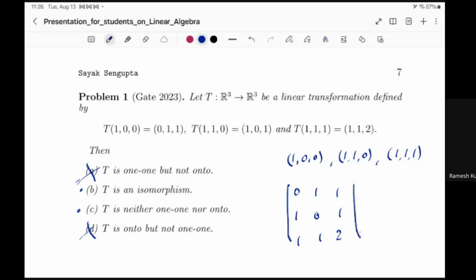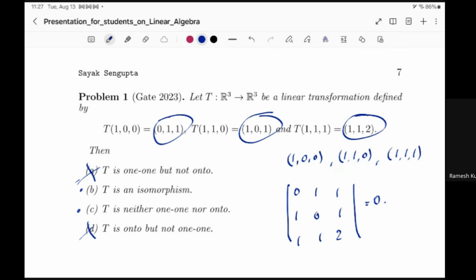So if you calculate this determinant, you will get 0. I'm taking it for granted that you know how to find the value of the determinant of a given matrix. So since this is 0, that means that these guys are linearly dependent.